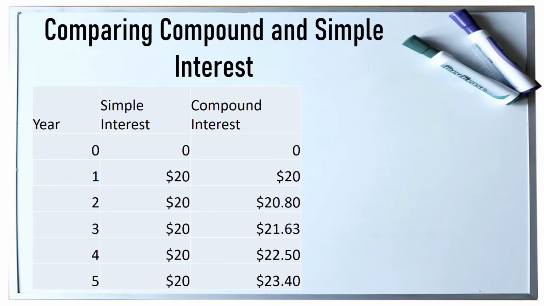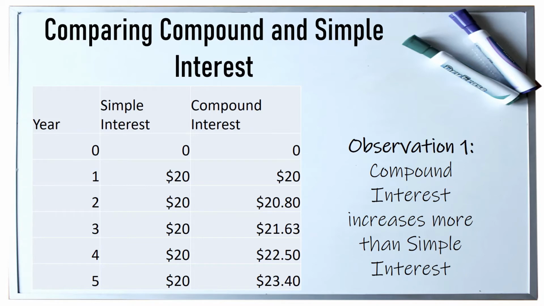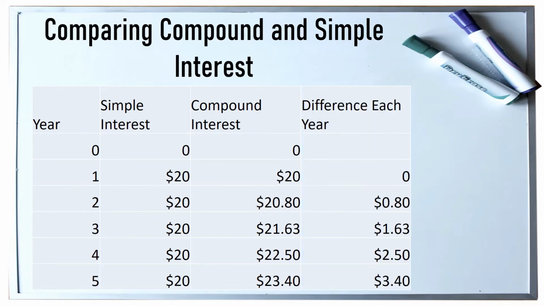When we compare compound and simple interest side by side, there are some observations which we can make. The first is that compound interest increases more than simple interest. In this table, I've added a column which is the difference in interest each year. After the first year, as was discussed, there was no difference.